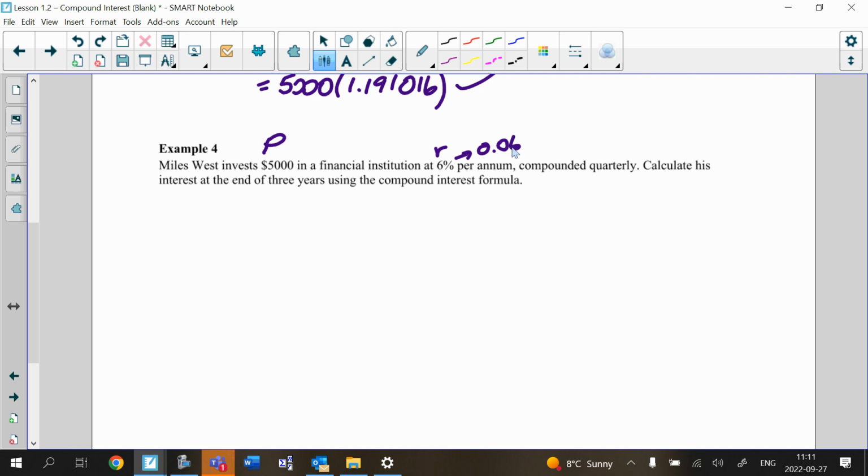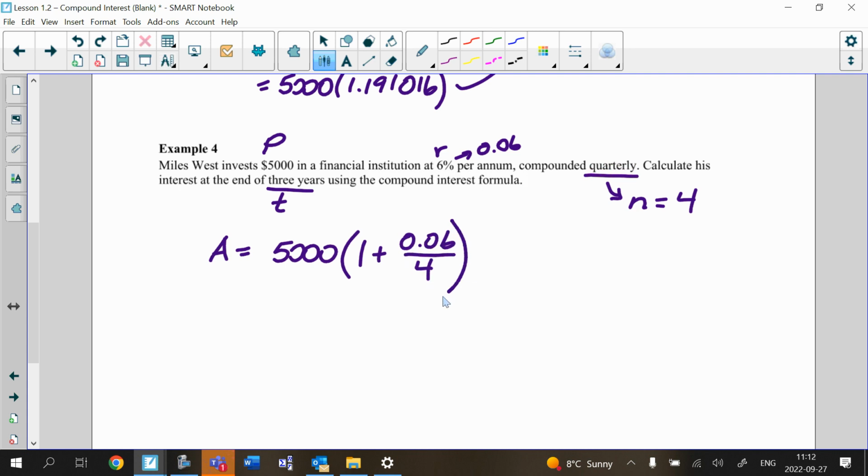So now what we're going to do is 5,000 times 1 plus 0.06 divided by 4, raised to the 4 times 3. So our first steps are going to be calculating these and then multiplying.